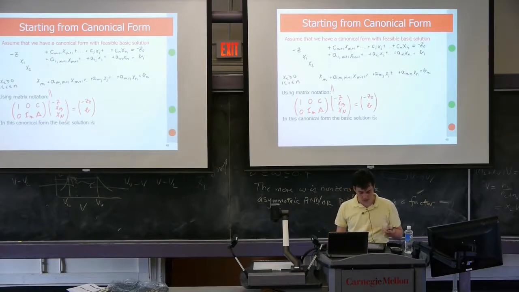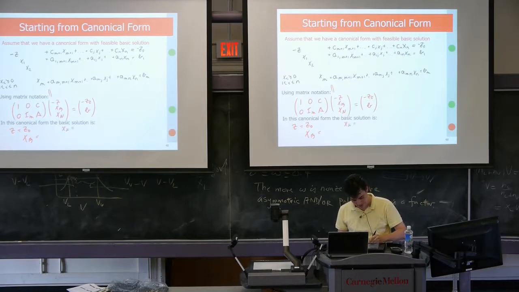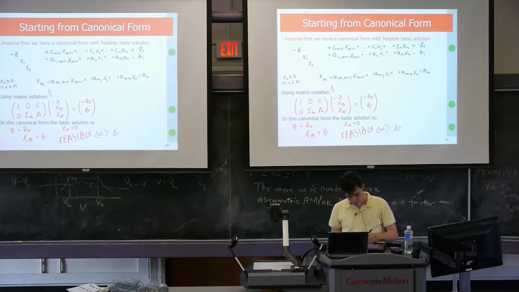Okay, and in this canonical form, of course, the basic solution is z0 and what's xb? So we know that xn is 0. So then what will be the value of xb? B, exactly. Right? So that's what we know. And again, this is feasible if and only if b is non-negative.